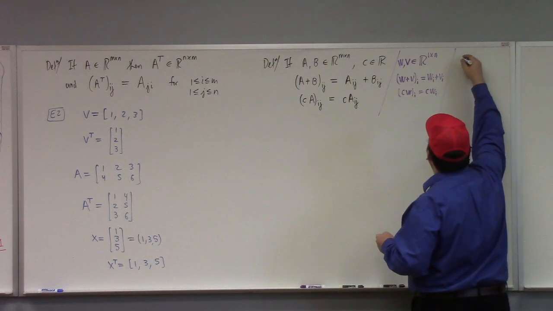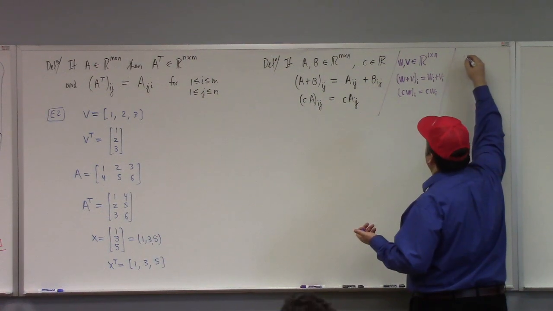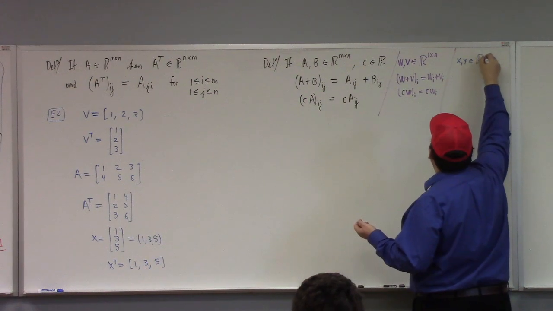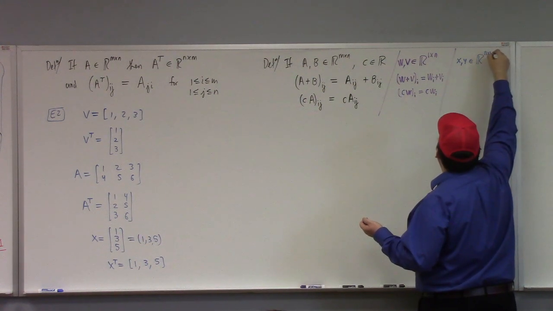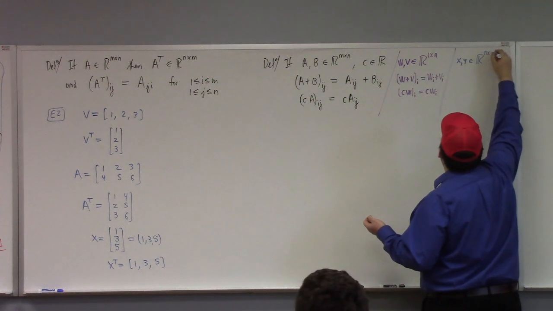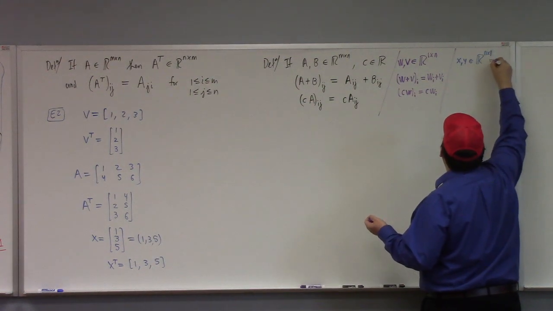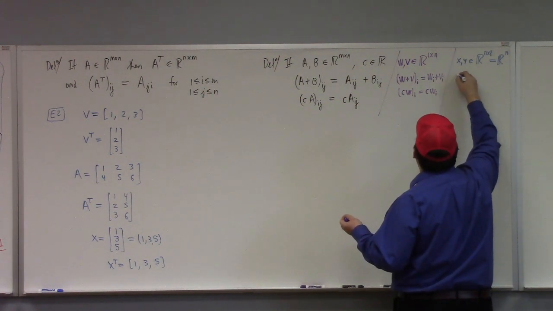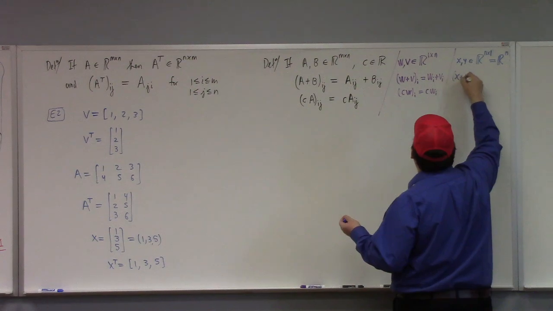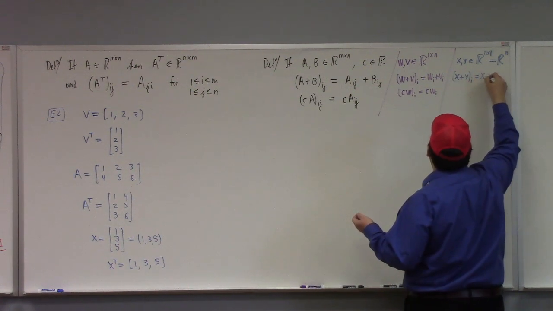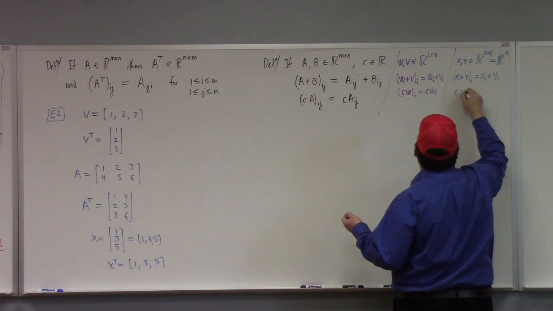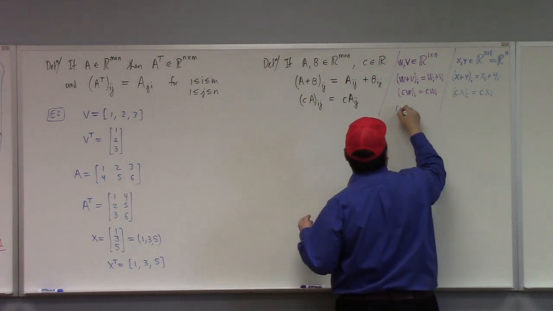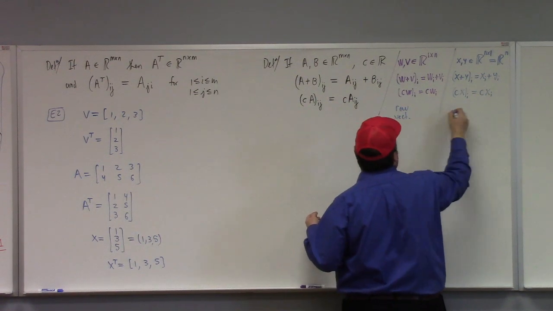So if we have, let's say, x and y in R^(n by 1), oops, my bad. Now, R^(n by 1) is also by our custom equal to R^n. So R^n for us is column vectors by default. So (x plus y) sub i is x sub i plus y sub i, and (cx) sub i is c times x sub i. So this is row vectors, column vectors.